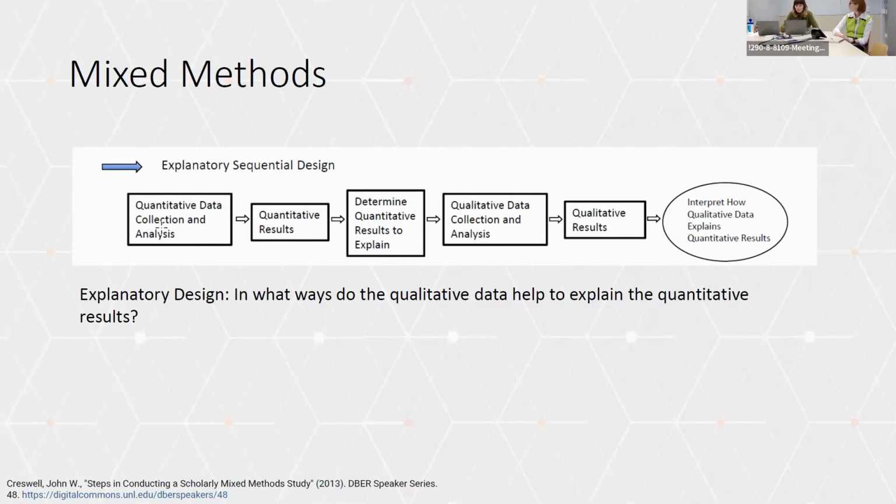You look at the results and then you think, okay, within these quantitative results, what are we missing? What could strengthen this? What are key questions we still have? And then you can do focus groups or interviews to help explain those quantitative findings. I think this is a good design for digital health as well.